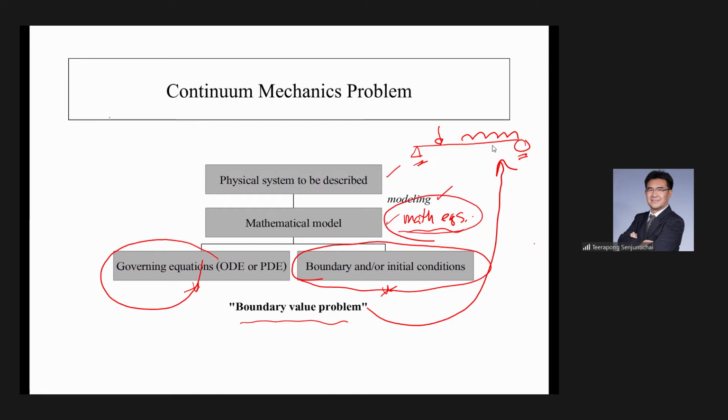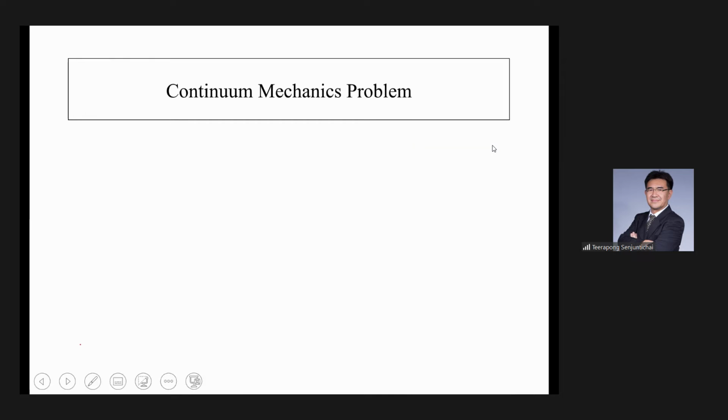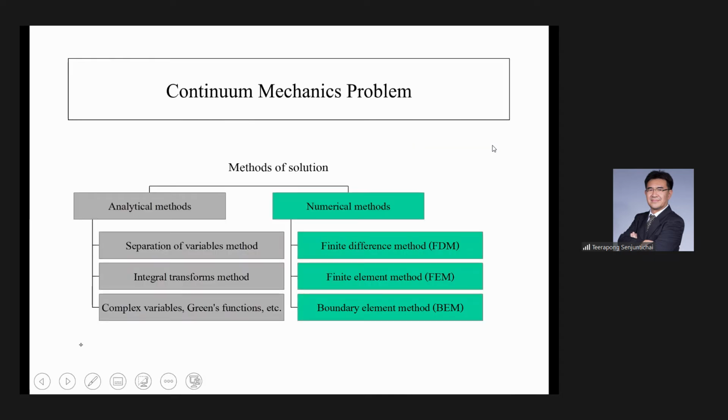Now, for the previous course, 2101607, normally the equations you solve using analytical methods. That means when you have an equation, you can solve it using a mathematical procedure, and you get what we call an analytical solution.